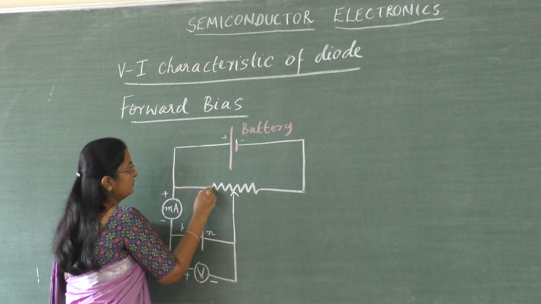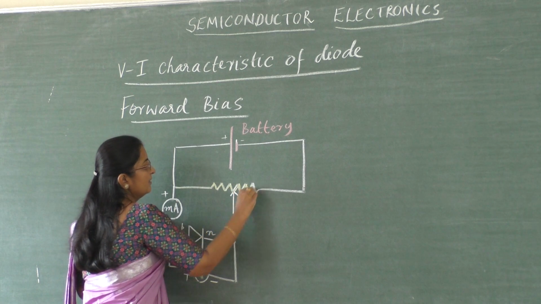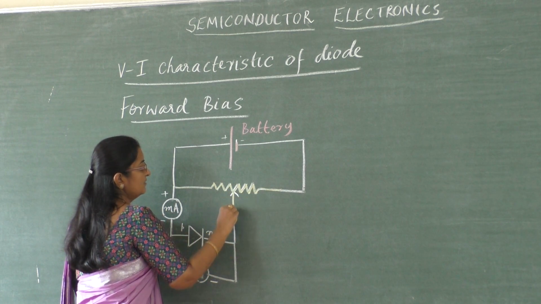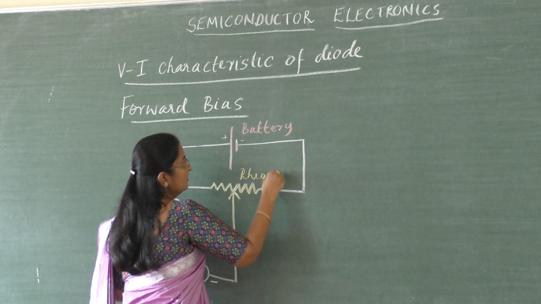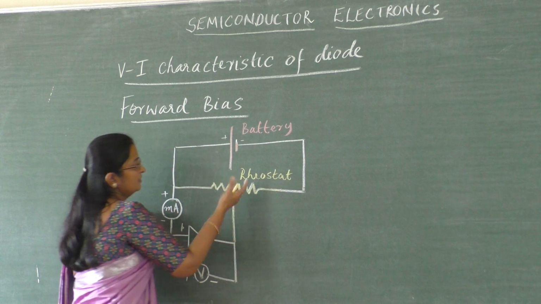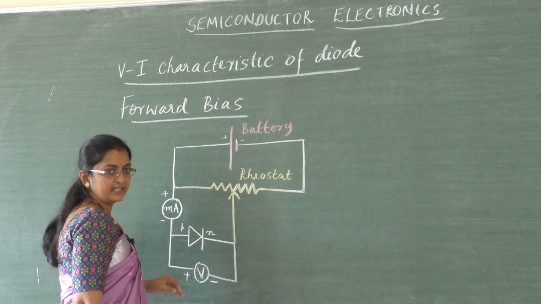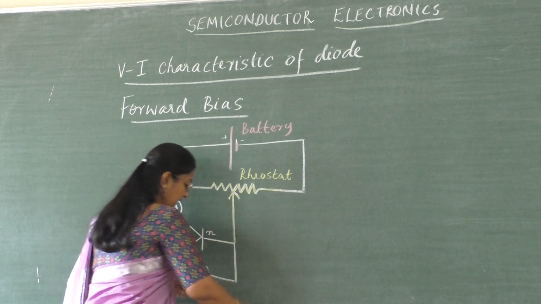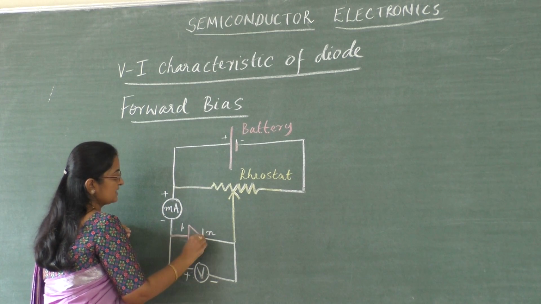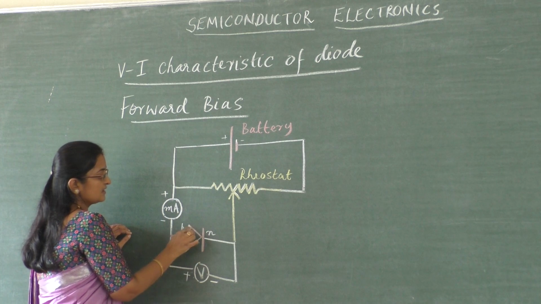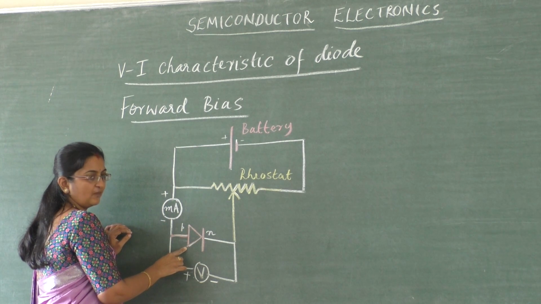This 3-terminal device is called a rheostat, which works to vary the voltage, external voltage. And of course you have studied, this is the symbol representation of diode. This direction represents the direction of conventional current.